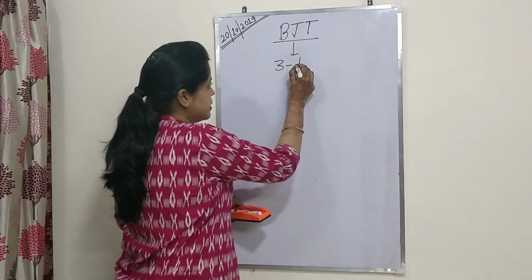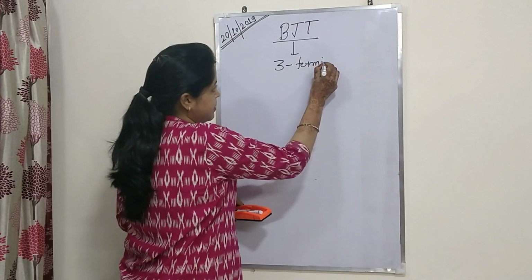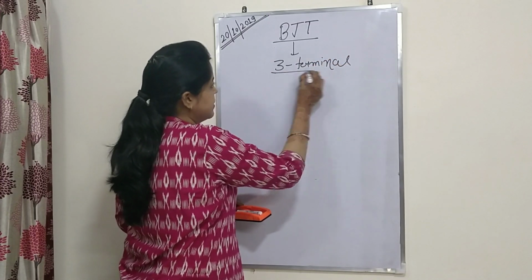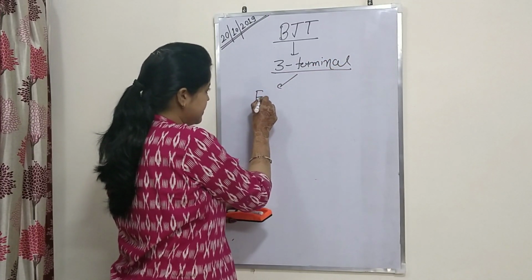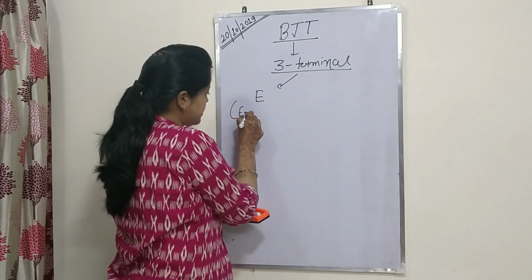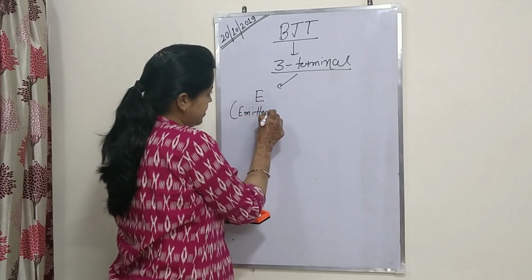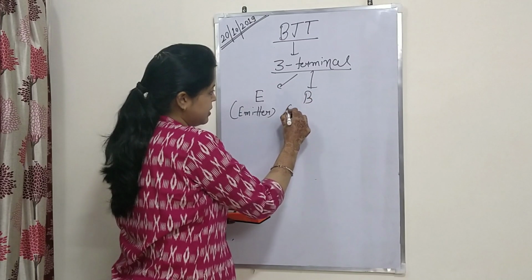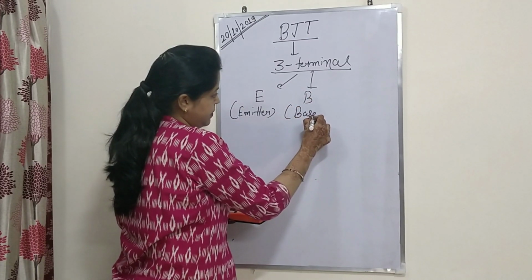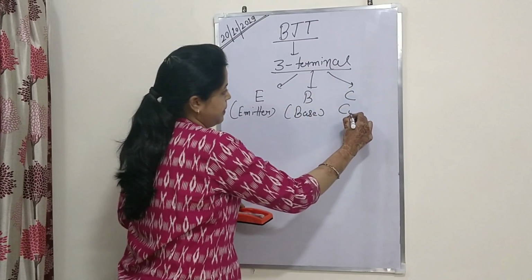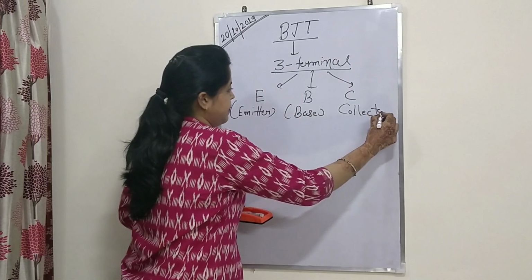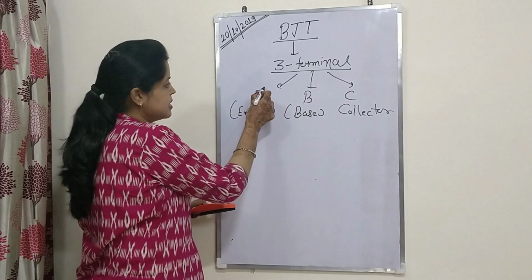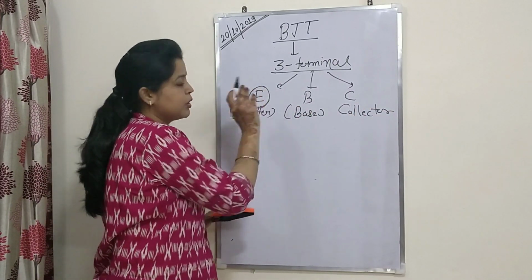Three terminals. See, emitter is represented by capital E, base and collector. Emitter is one of the most important terminals.